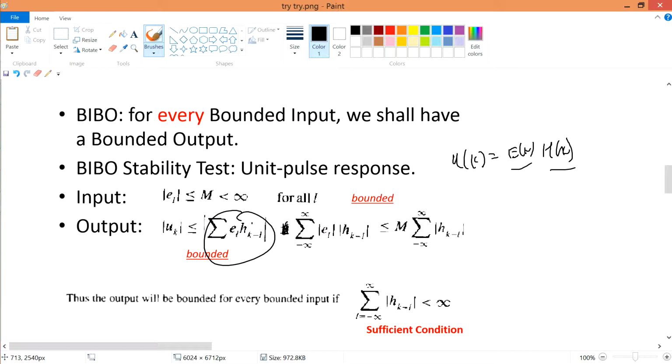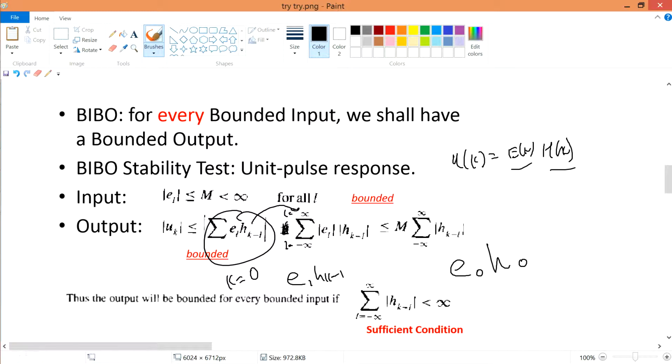If I were to run this from minus infinity to infinity, in other words, your E_L H_(k minus L), if K is equal to 0 for example, with L going from minus infinity to infinity. If L is 0, let's start from 0, I have E0 and H0, since K is 0 also.